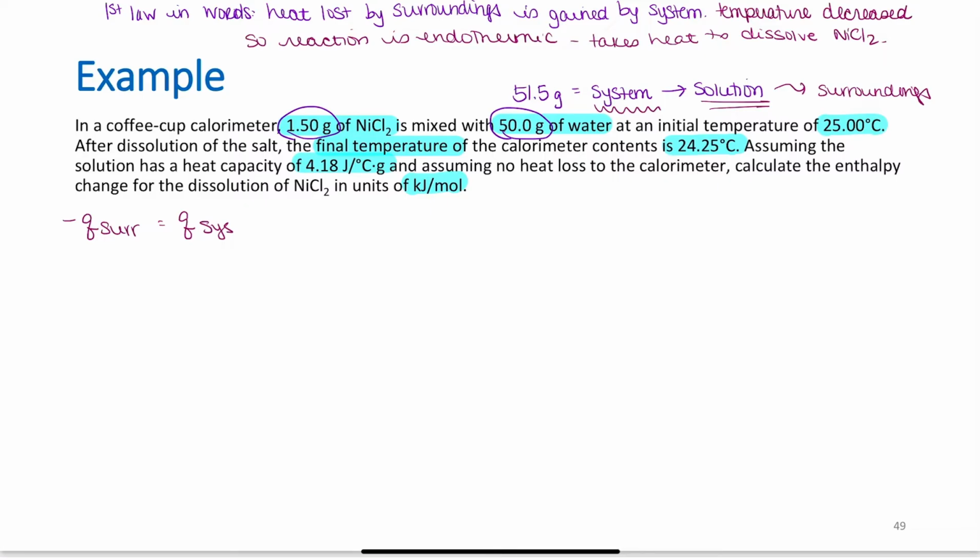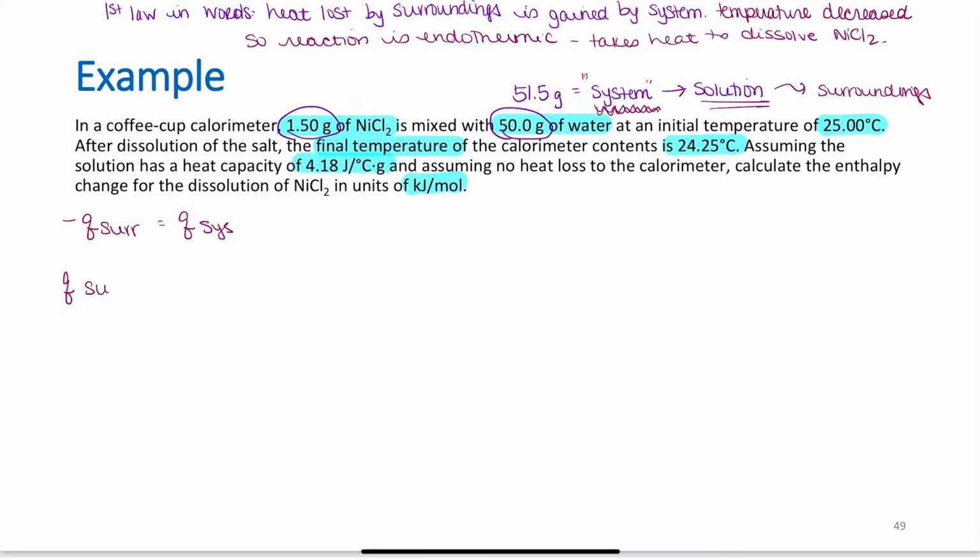I can find Q of my surroundings because, again, this whole thing, what I call the system here, is actually my solution. That's actually my surroundings. It contains the nickel chloride and it contains the water. We're measuring the temperature of the water itself. The reaction, those particles, that's your system. Everything else, your solution, is your surroundings.